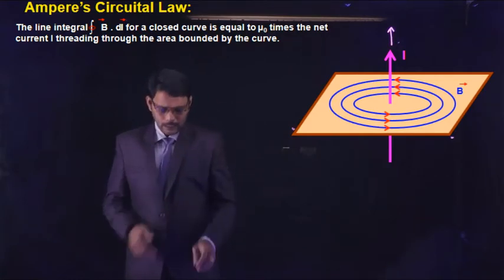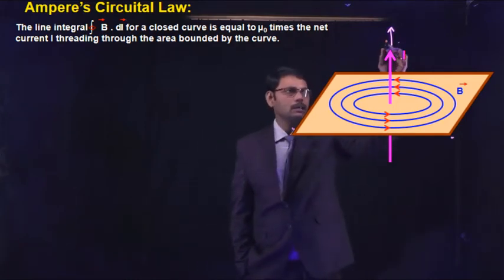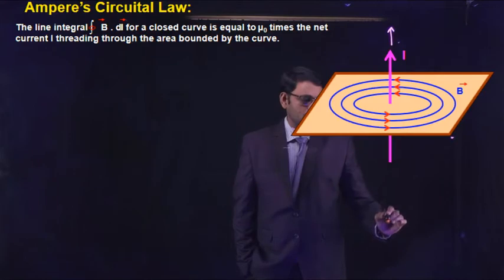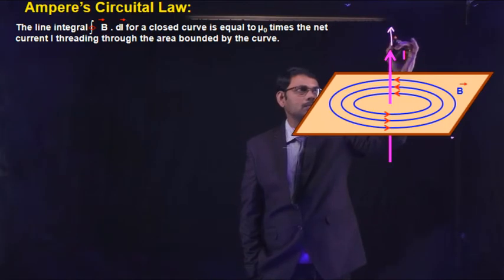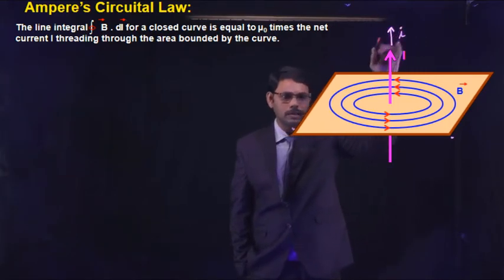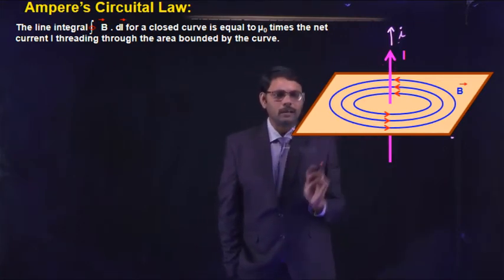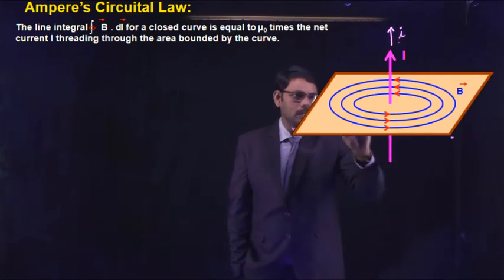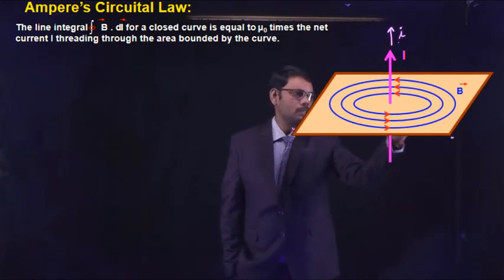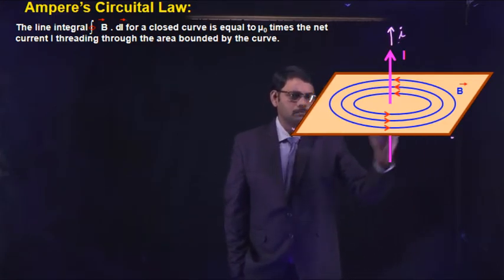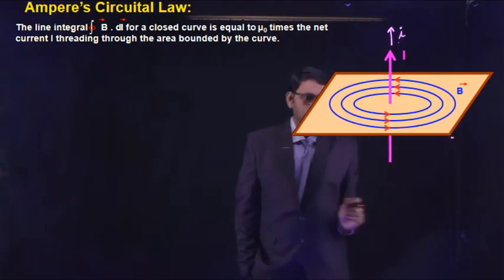Line integral of magnetic field along the closed loop is equal to mu naught times the net current enclosed by the loop. Here we have a current carrying wire. You are observing a straight wire, and some current I is passing through it. Around the current carrying straight wire, when you consider different circles of different radii, looking at the diagram, we are observing 3 circles of gradually increasing radius.